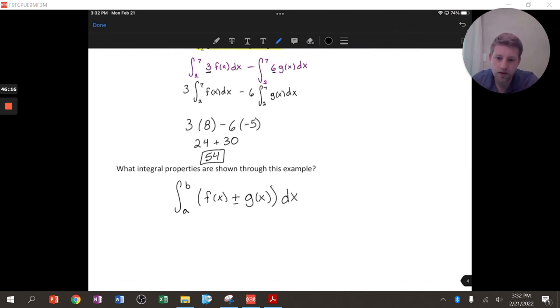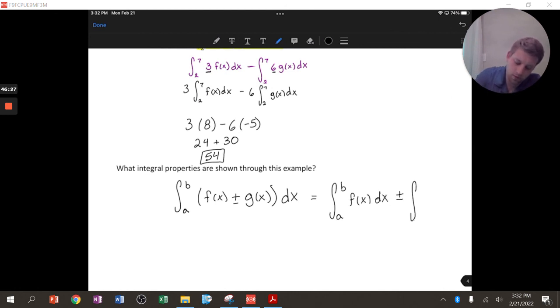We could rewrite this integral as follows: the integral first from a to b of f of x dx, add or subtract the integral from a to b of g of x dx. That would be just a sum and difference rule, where we can separate that integral into two parts.